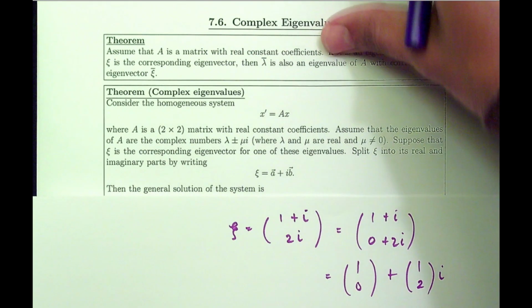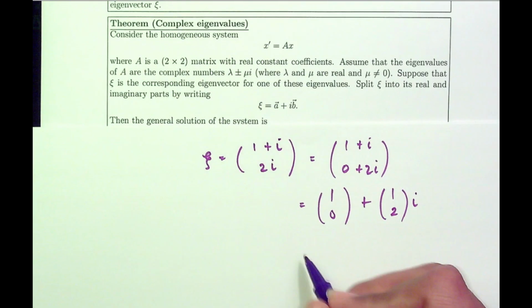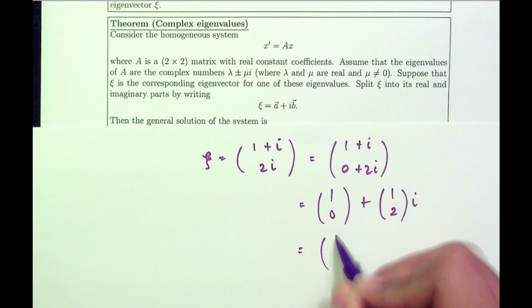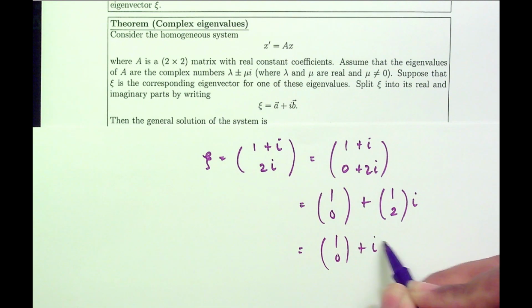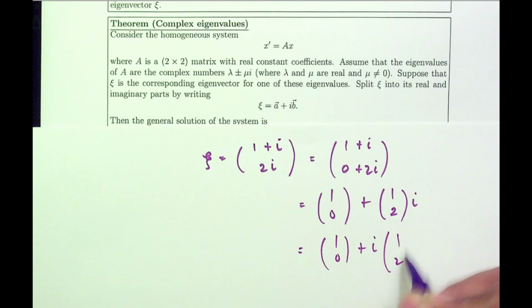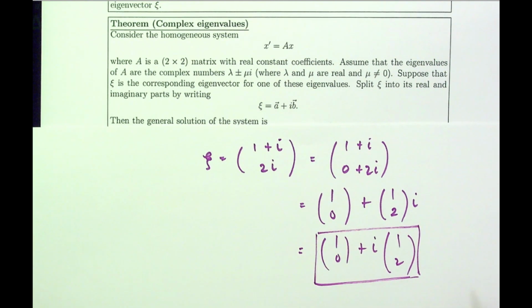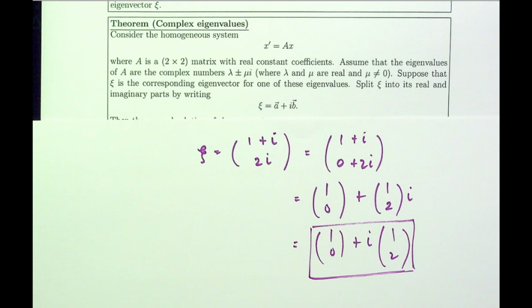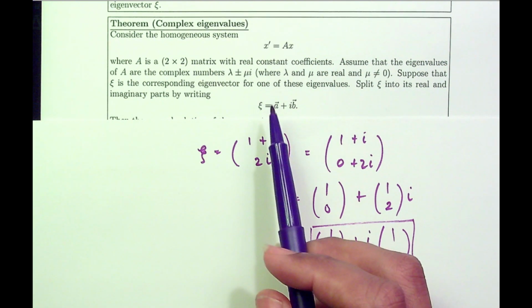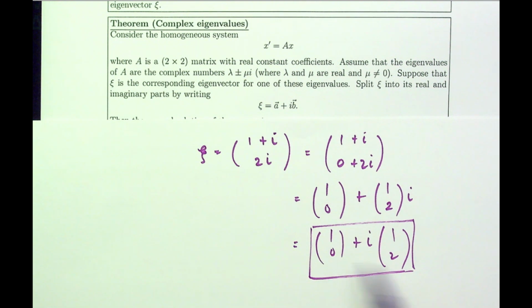You can put the i in front, that's probably better, since we normally write constants in front. So that's how you would break it up into the real and imaginary part. Using this notation for the theorem, this would be A, the real part, and this would be B, without the i.